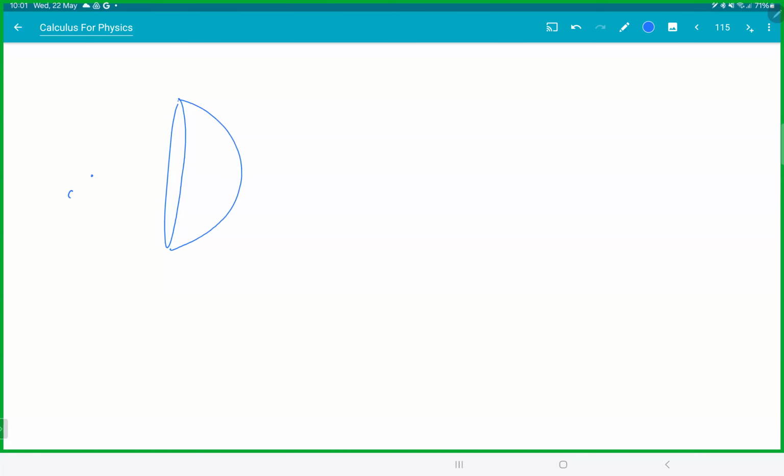So this is your center. At this point, theta is 0. So let's say like this. Listen carefully. At an angle alpha, take a thin slice like this with a small angle d alpha.